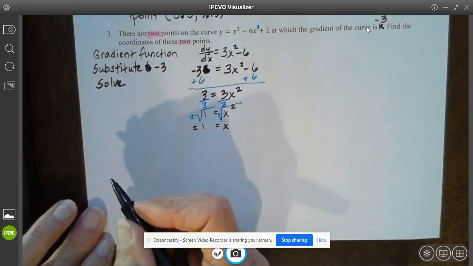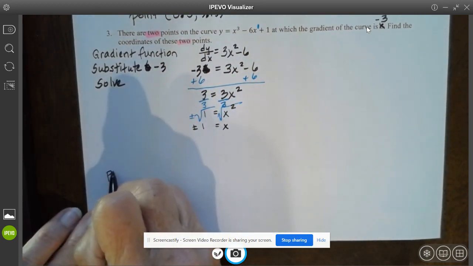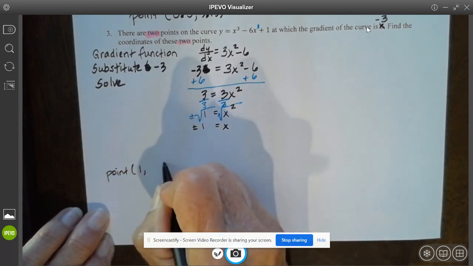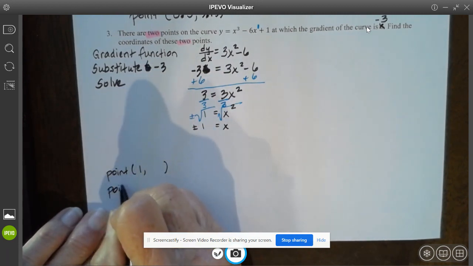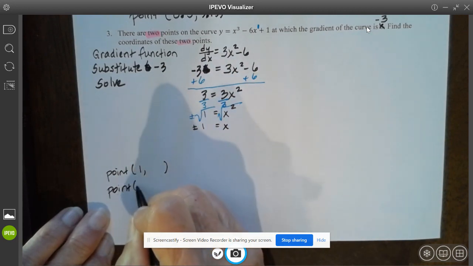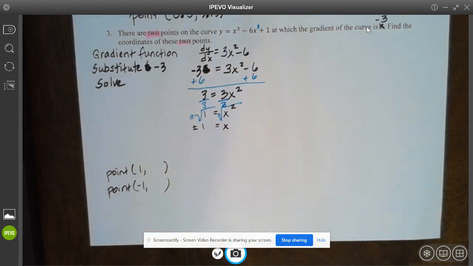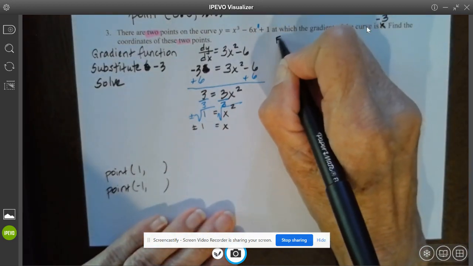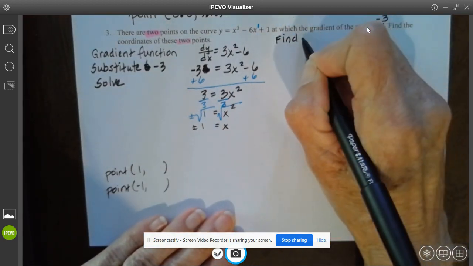So we are going to have 2 points. We're going to have point 1, which is a positive 1, and we're going to have another point, which is a negative 1. So remember, now we have to find the y values, and there's 2 of them, so we're going to have to do it twice.